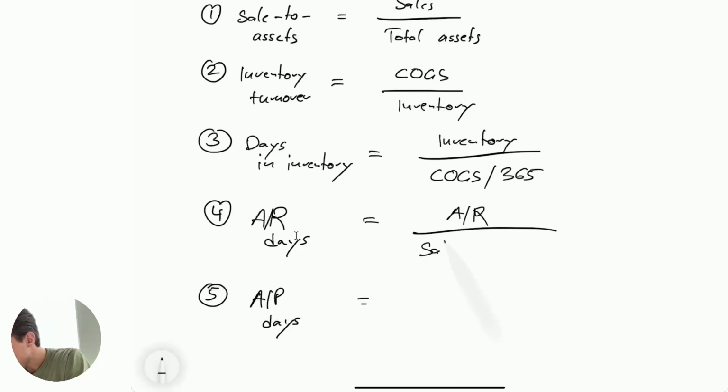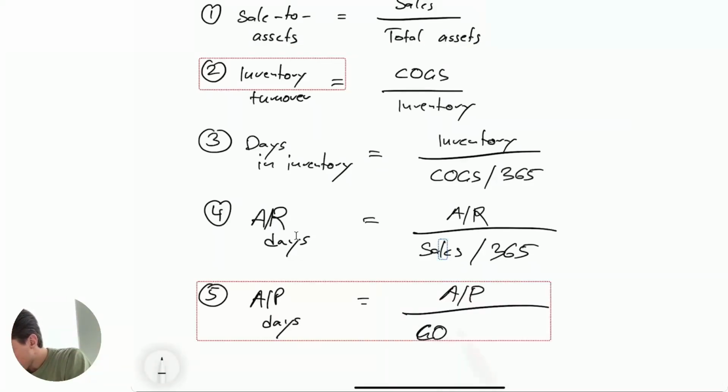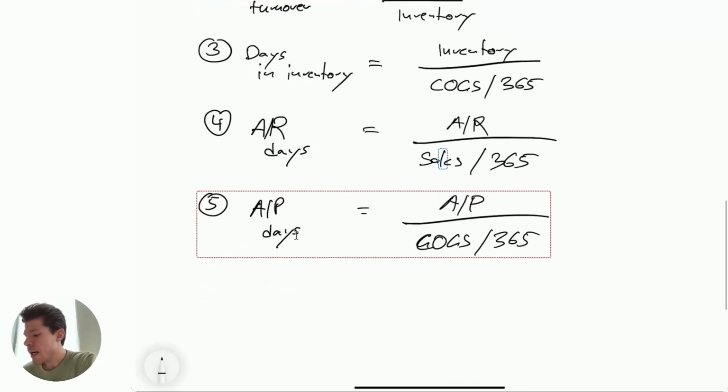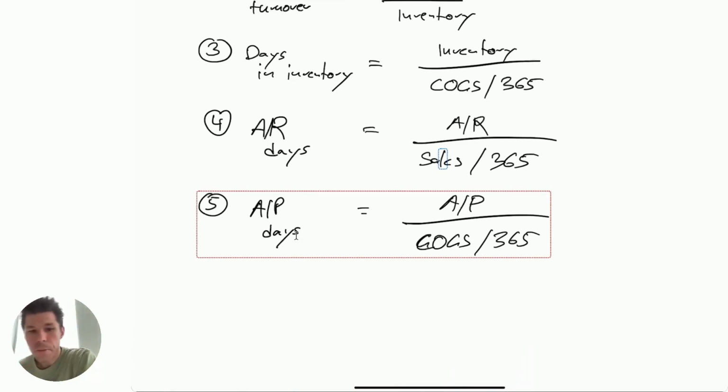So you take sales or revenue divided by 365, and here accounts payables. Again, you take accounts payables, but then here you need to take cost of goods sold again divided by 365 because accounts payables are created when you buy raw material on credit from your suppliers.